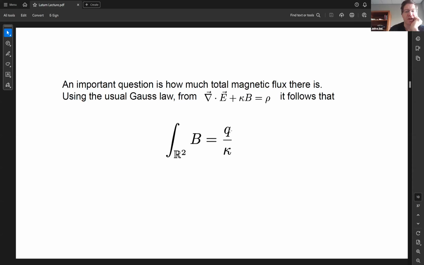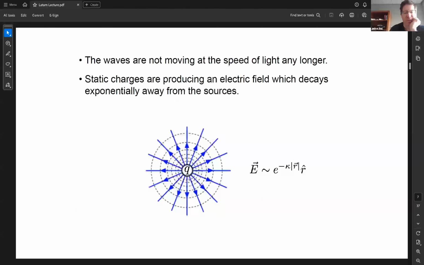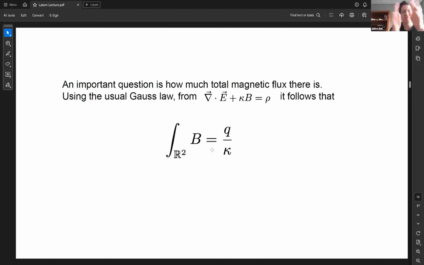And Q is the charge of the little piece of charge that we put in the middle here. Okay, so we have some magnetic field. That's just a very nice formula for the total flux of the magnetic field. Okay, you must remember that. If there is something to remember, it is this formula. Just please print it in your brain.